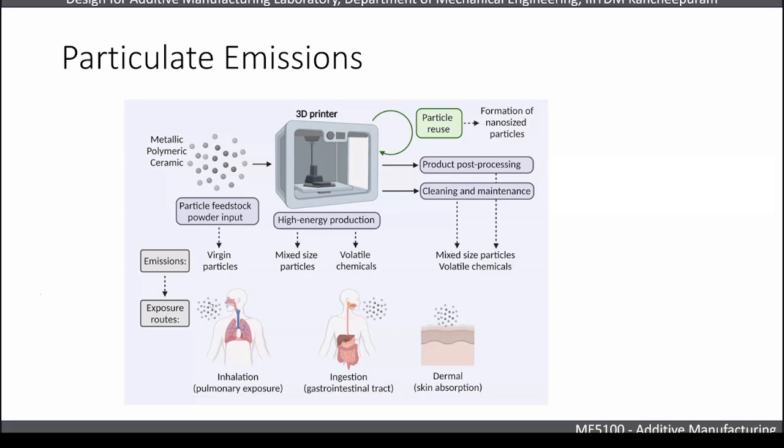If some of them get into exposure, you may get a pulmonary exposure, or they may go into your intestinal tract through particles on your nails. Sometimes they can also be emitted to air, water, and land, and then cause dermal or skin absorption. So there are a lot of particle emissions around 3D printing.